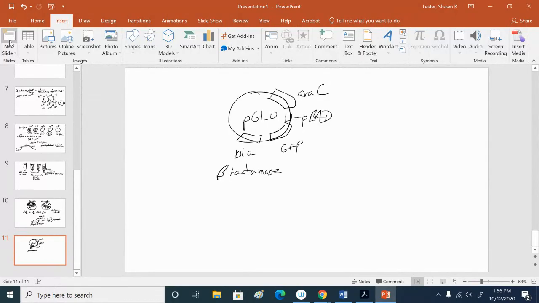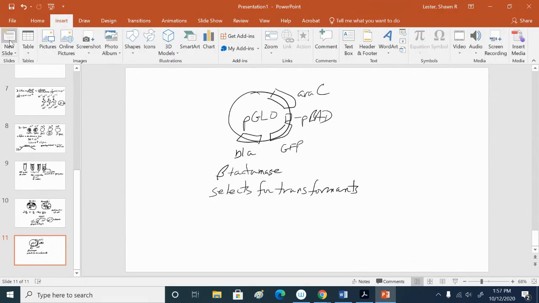And this selects for the transformed bacteria, the transformants. That's how we know transformation occurred, because the bacteria are now resistant to ampicillin.